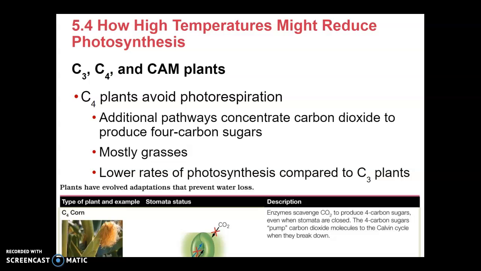And then they transfer that 4-carbon compound to the bundle sheath cell, so an entirely different type of cell. That's where they're going to carry out the rest of the Calvin cycle and the rest of those steps, so that we end up with our final product of sugars. Using the analogy I've created here, say I don't have sugar at my house.